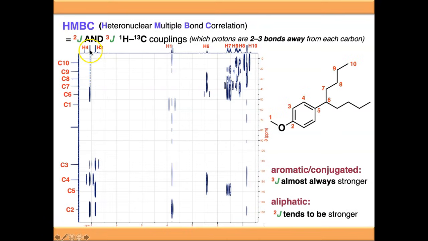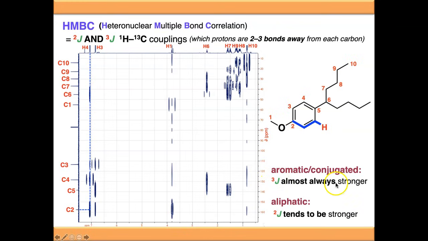So if we look at H4, for instance, we know that this is H4 because it correlates to C6. We can see carbon 6 here, so it can't be proton 3 because it would be too far away. This is how we know that this is H4. If we look at what else H4 can see, it's got a really strong coupling to carbon 2, and that's a 3J coupling to carbon 2.